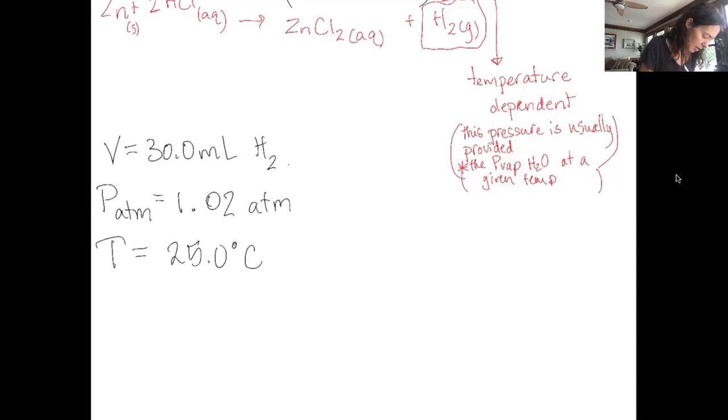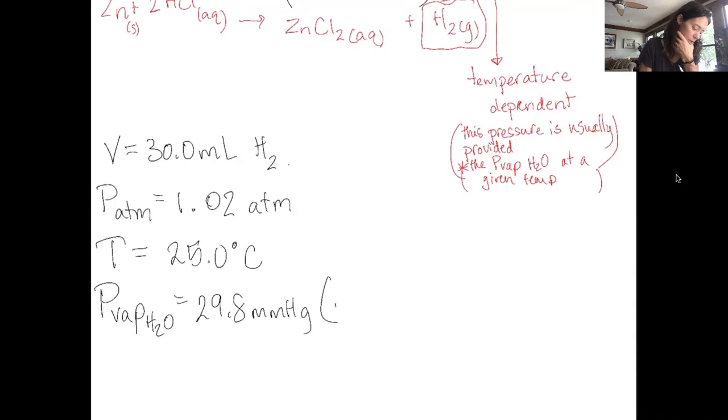And let's say that the vapor pressure of water at that temperature is 29.8 mmHg. And I would like to say that this is made up. I totally made that up. Actually, what I would like to do is just look it up.